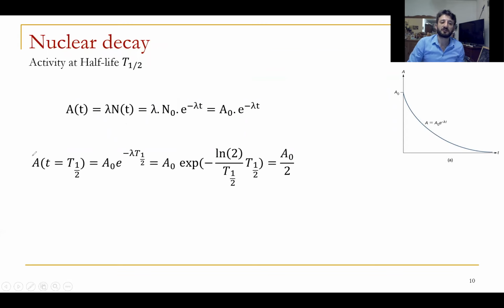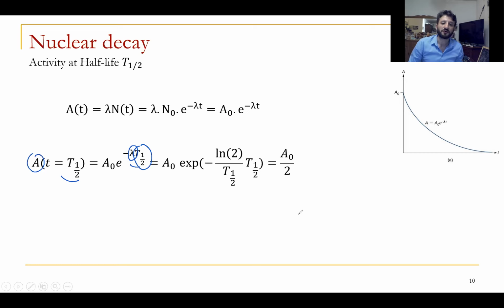What is the value of A after 1 half-life, at t equals t half? We can substitute the value of t here. We put t equals t half, and you know lambda equals ln 2 divided by t half.